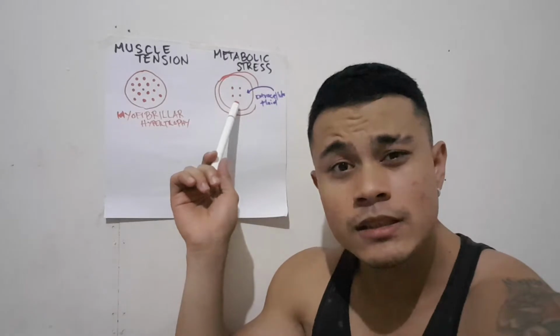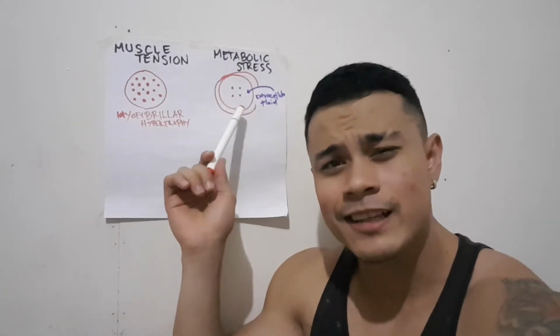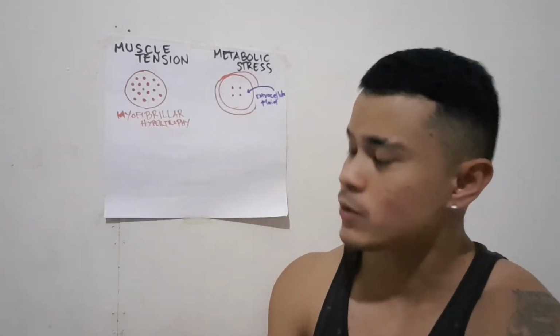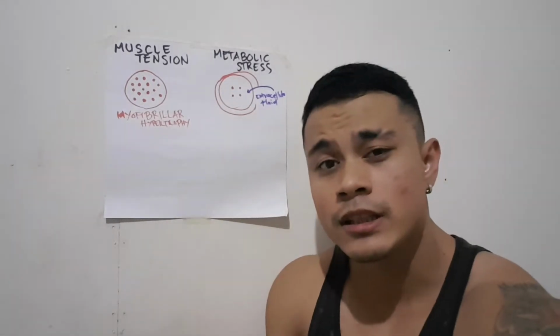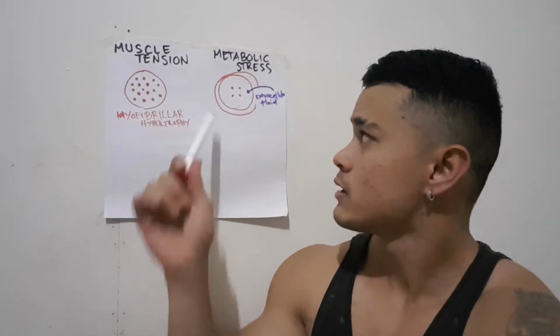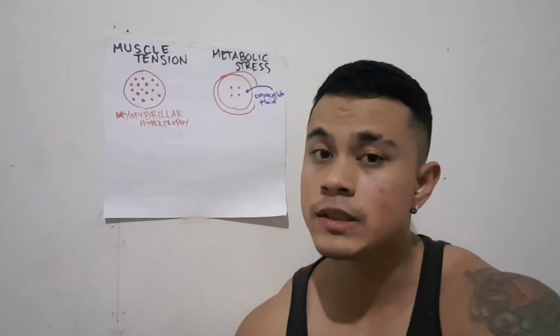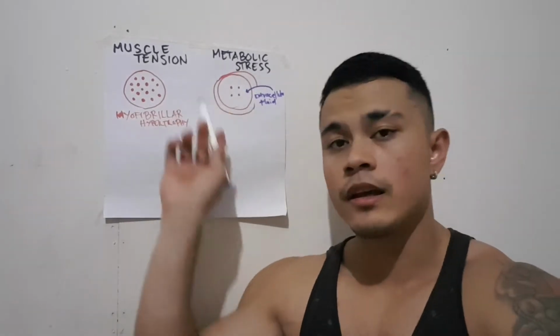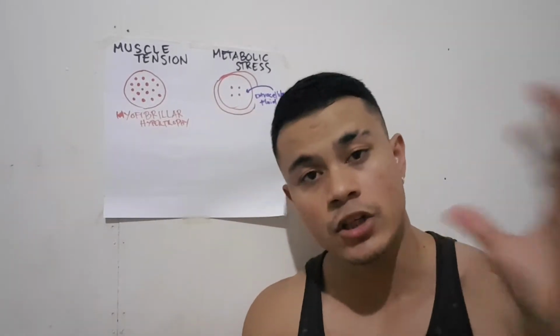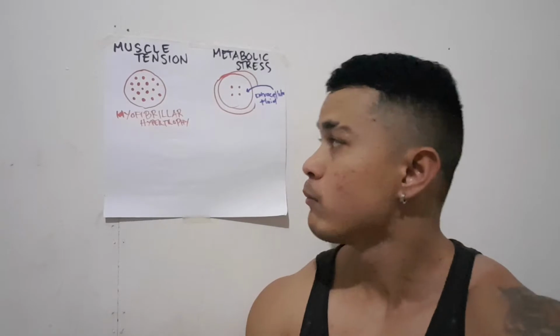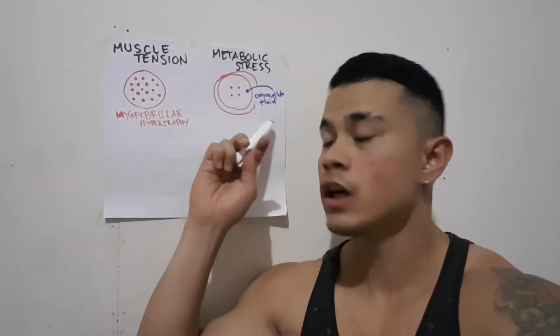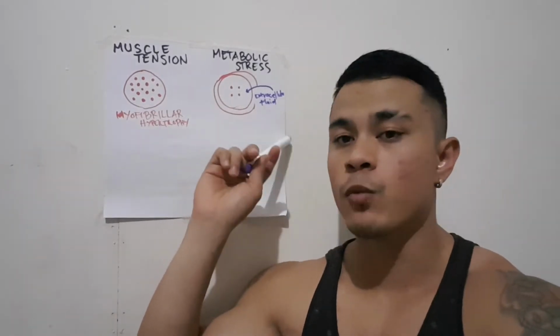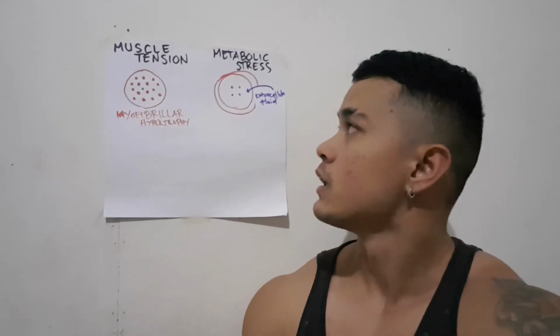So what happens? It activates the satellite cells again. So there will be protein synthesis in the muscle cell to make the structure stronger, to be able to handle more loads of water coming into the cell.